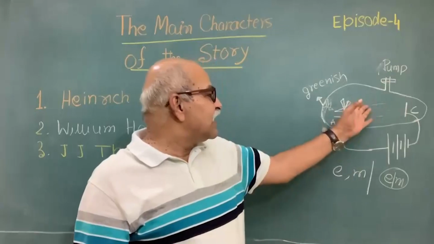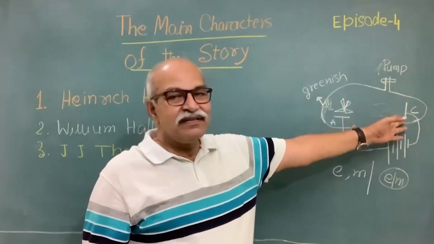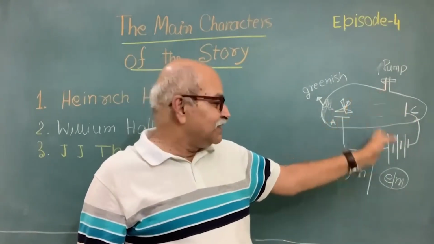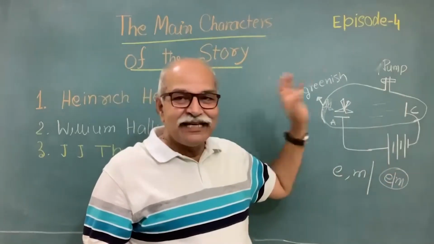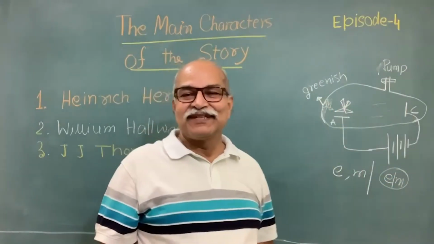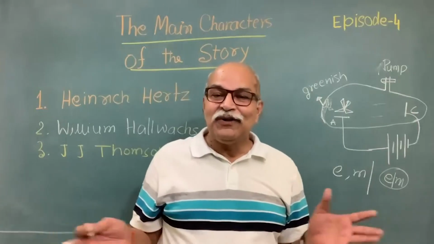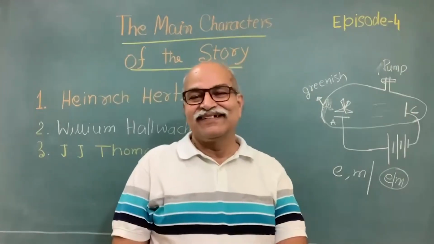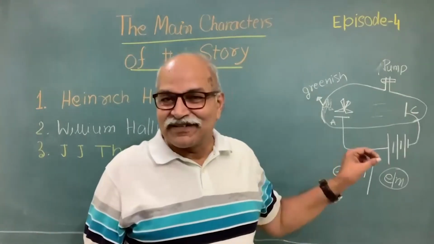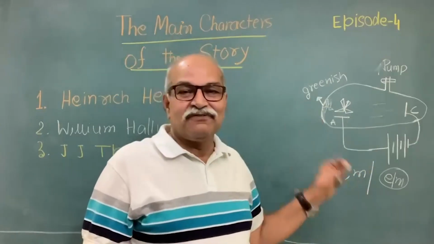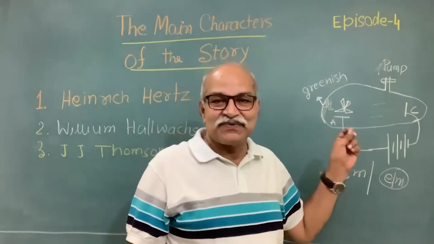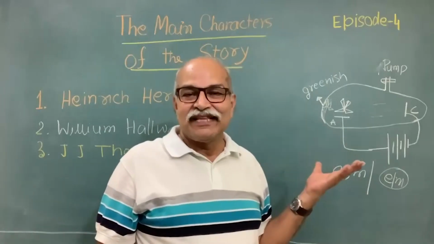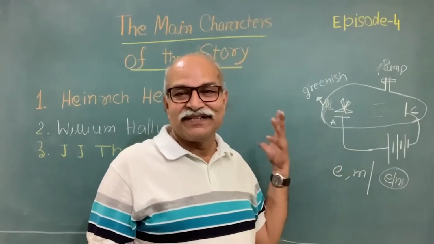So changing the gas, changing the cathode material, this E by M was all the time same, and from there it was established that okay, all atoms do have inside these kind of particles, identical particles, the whole of the world and all the materials and so on and so forth, and that was later named as electrons. So that is J.J. Thomson.